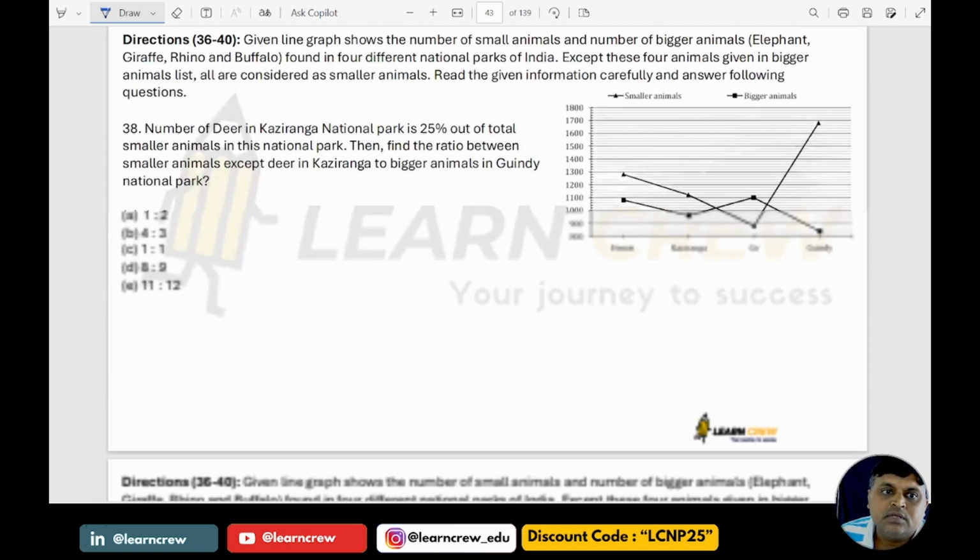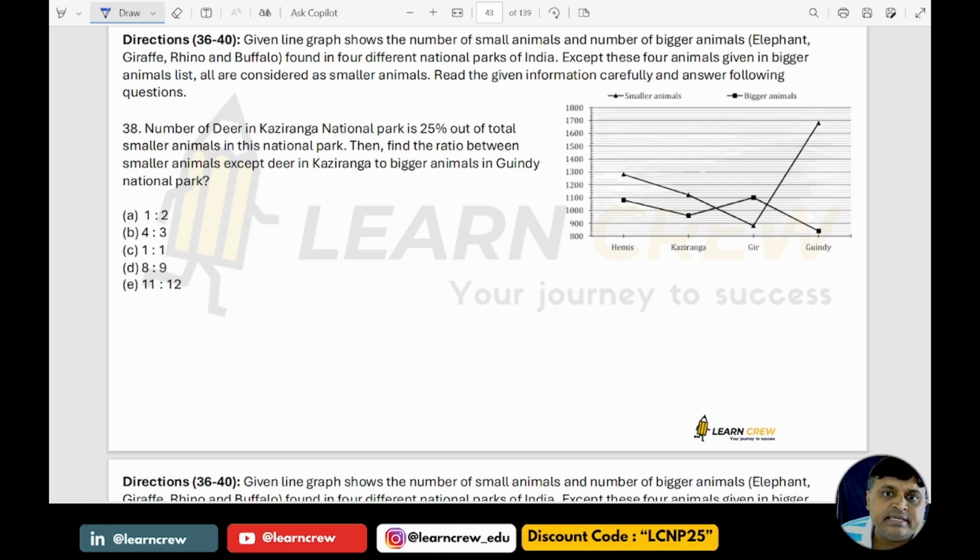Now, question number 38. The number of deer in Kaziranga National Park is 25% of total smaller animals in this national park. Then find the ratio between smaller animals except deer in Kaziranga.